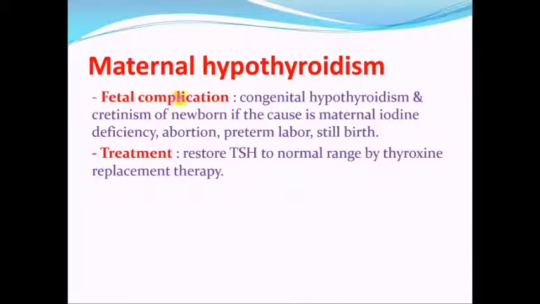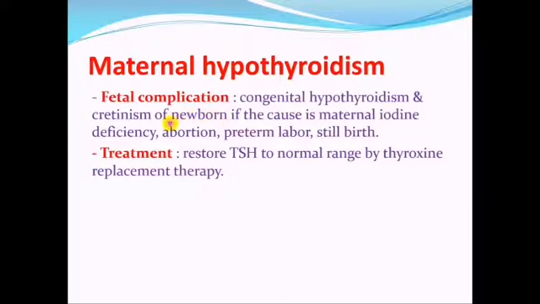The fetal complications in females who have maternal hypothyroidism include congenital hypothyroidism and what is called cretinism of the newborn, and this usually occurs if the cause is maternal iodine deficiency.